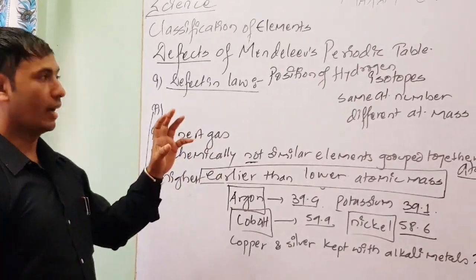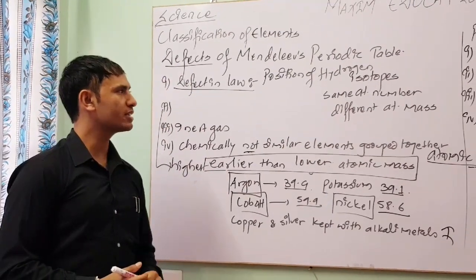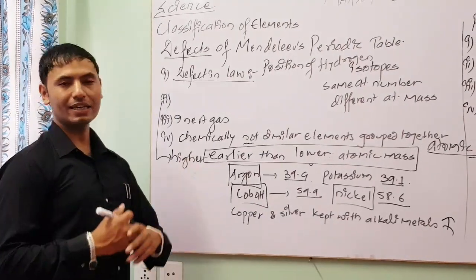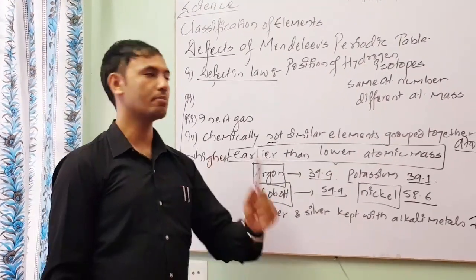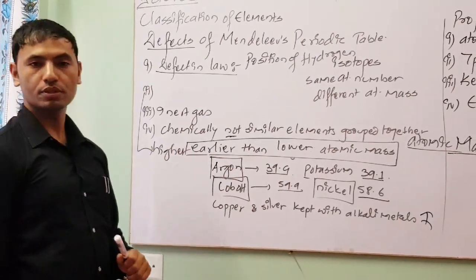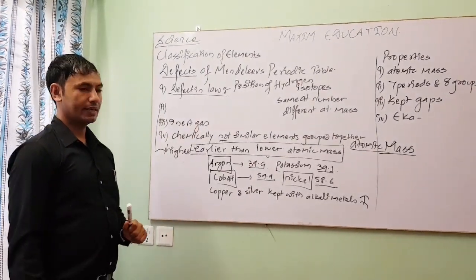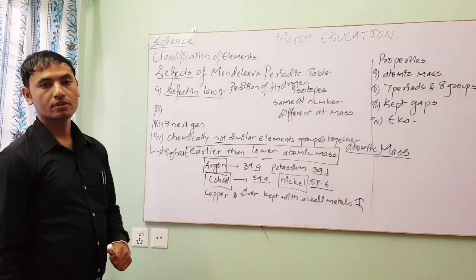Summing up the video, Mendeleev's periodic table has Mendeleev's law, that the physical and chemical properties of the elements are a periodic function of their atomic mass. There were 7 periods and 8 groups. Gaps were provided, and unknown elements were given the name Eka along with their properties.